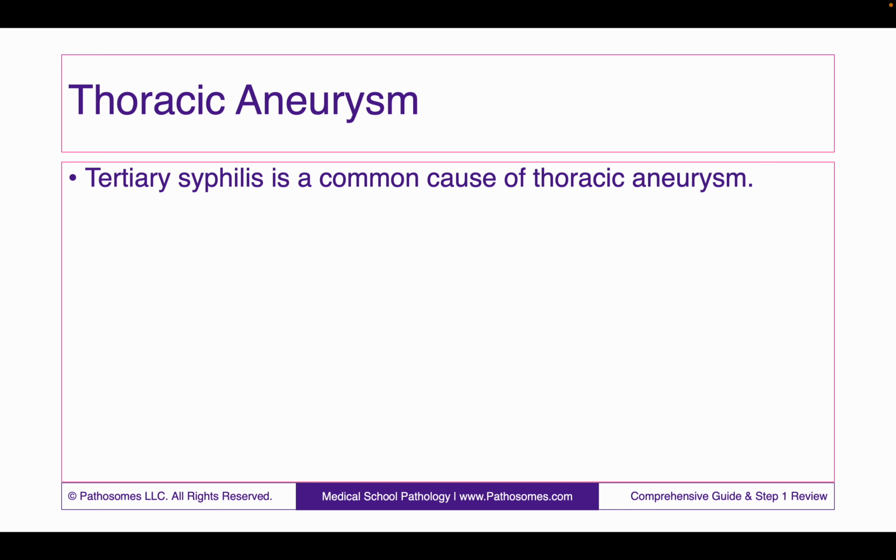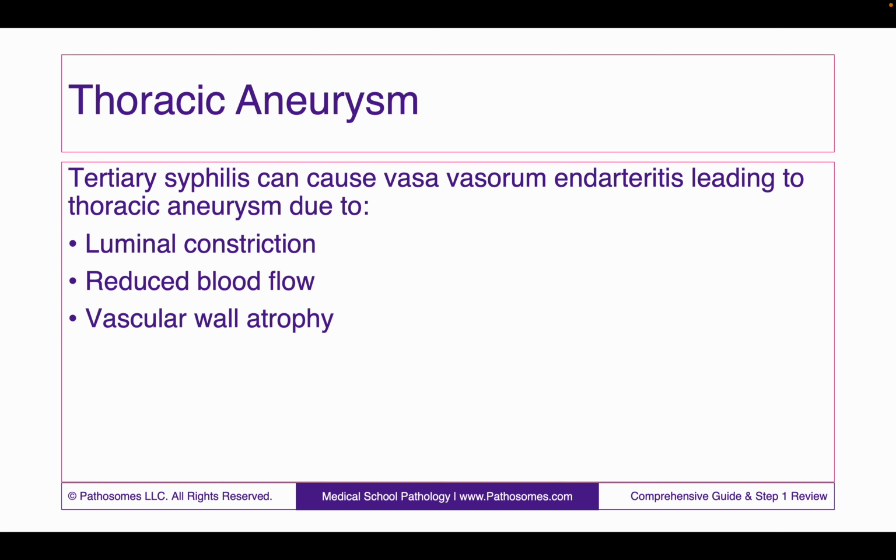Now, regarding a thoracic aneurysm, tertiary syphilis is a common cause of thoracic aneurysm. Tertiary syphilis can cause vasa vasorum endarteritis, leading to thoracic aneurysm due to luminal constriction, reduced blood flow, and vascular wall atrophy.